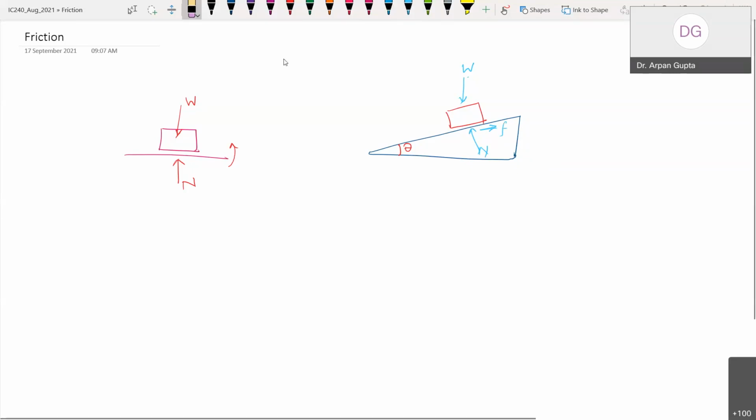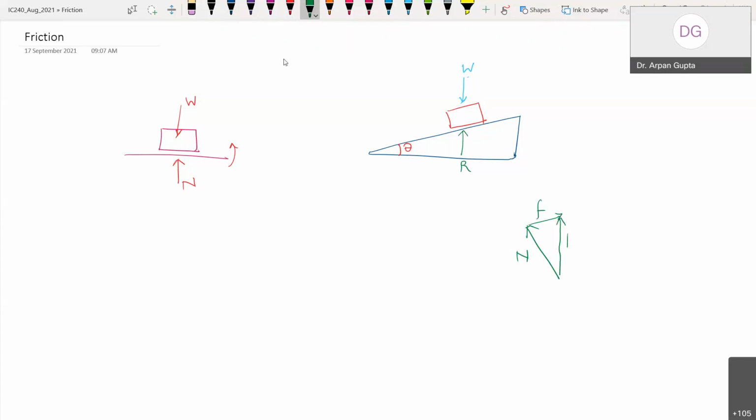Now, we said that we can replace these two forces by a net resultant R, which will be just opposite to W. This R is made up of the normal reaction, which is perpendicular to the surface, and the friction force F, which add up together to give the resultant.